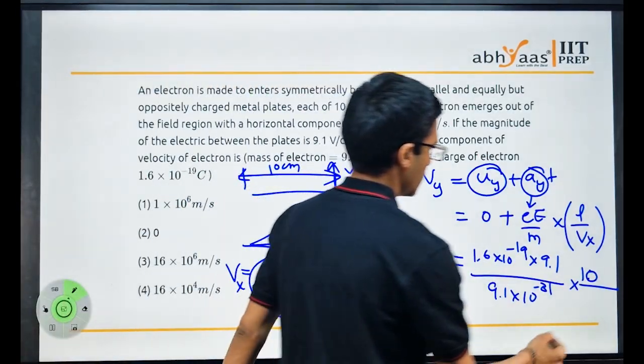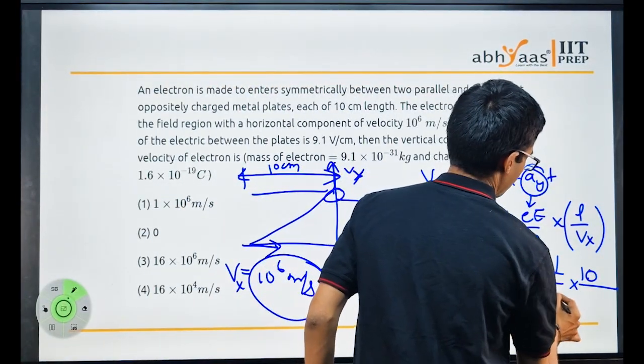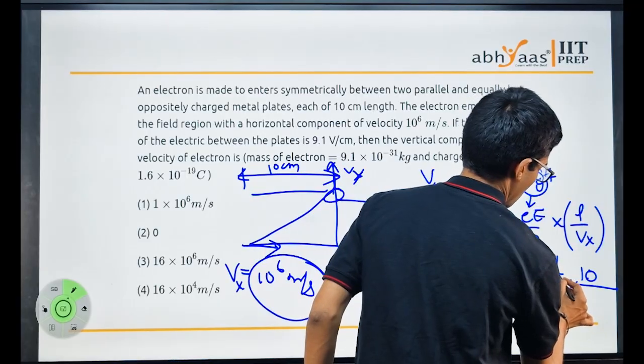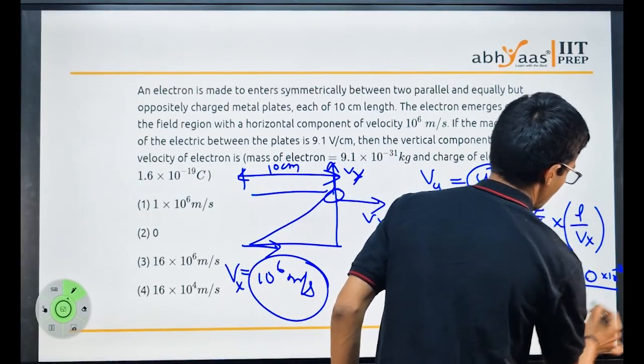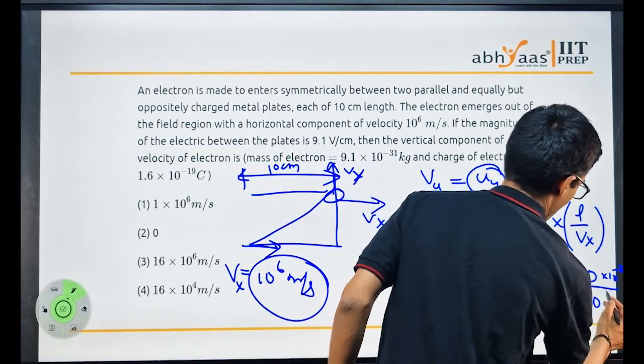Okay, if you want to change it, that is also fine. Here also centimeters, 10 power of minus 2, 10 power of minus 2, both will cancel because velocity is given in 10 power of 6.